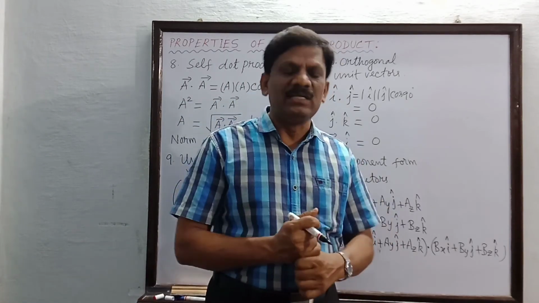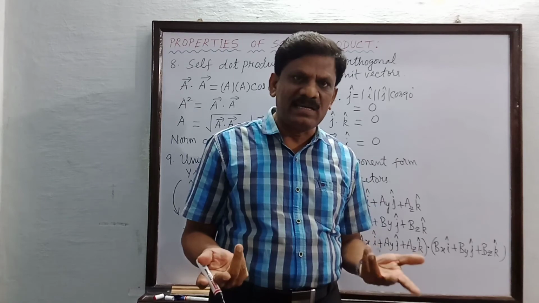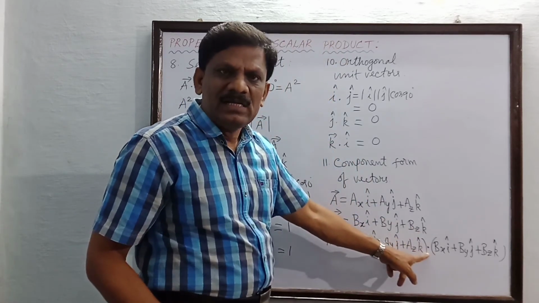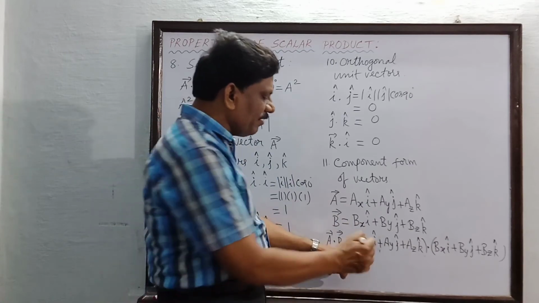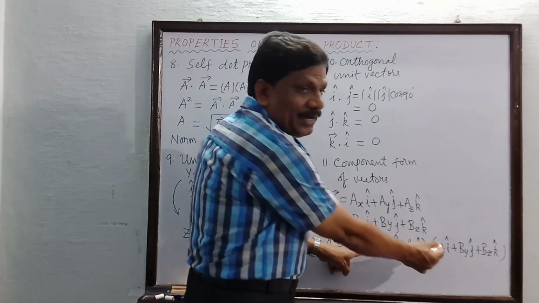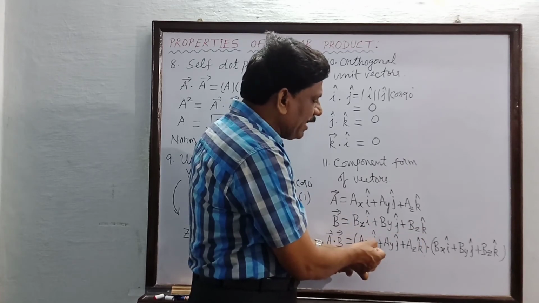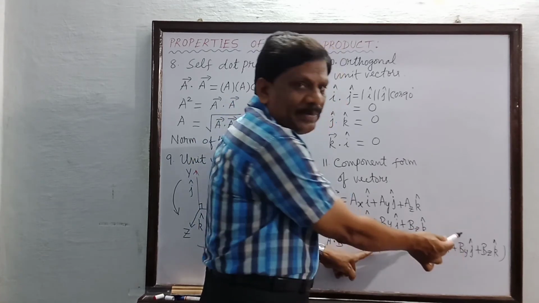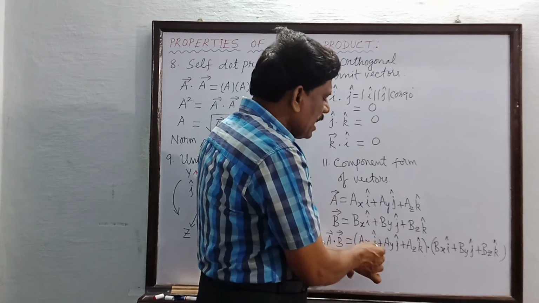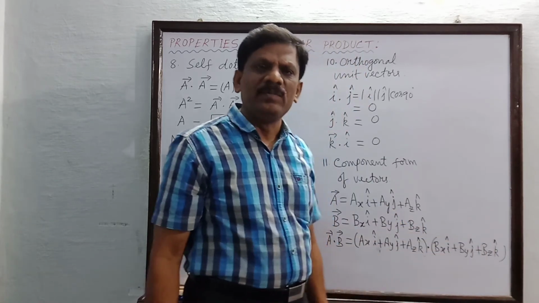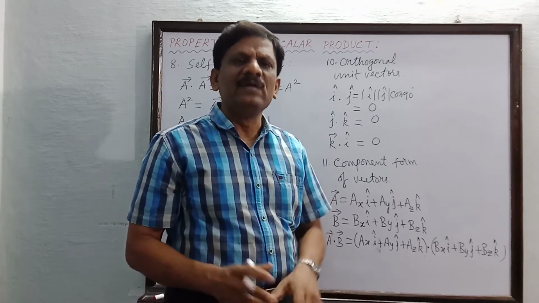Out of the 9 terms, some of the terms get cancelled. Why? Because we are taking the dot product, is it not? So if you take i cap dot i cap, i dot i is equal to 1. And if you take i cap dot product j cap, it is 0. And i cap dot product k cap, that also will become 0.